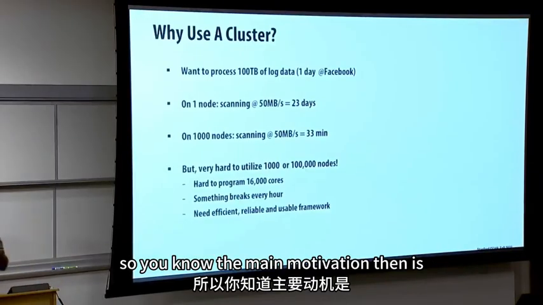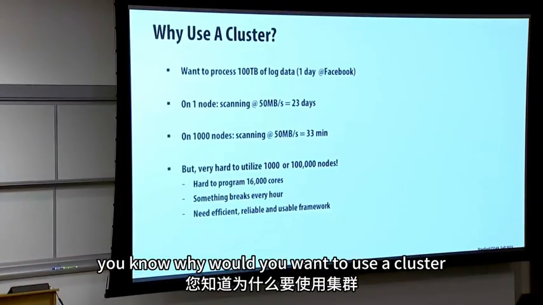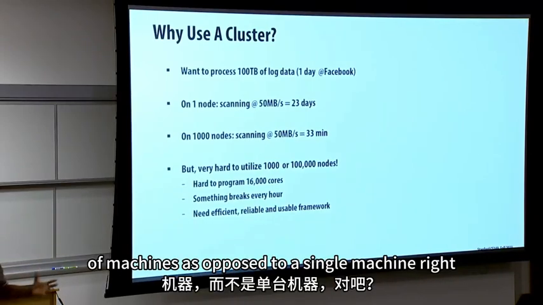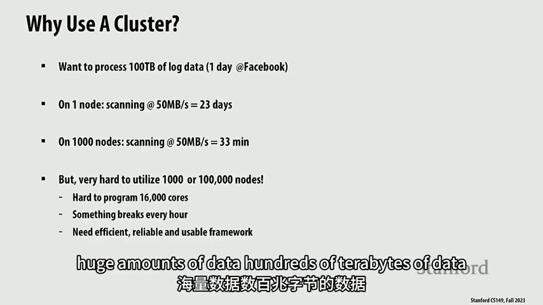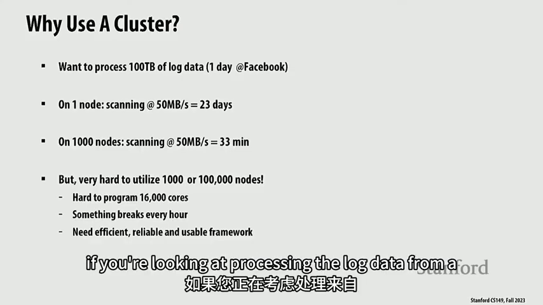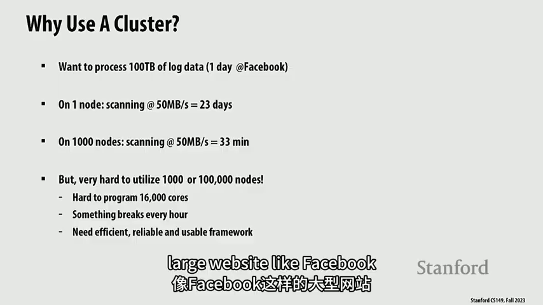So the main motivation is, why would you want to use a cluster of machines as opposed to a single machine? The key thing is if you want to process huge amounts of data, hundreds of terabytes, for instance the log data from a large website like Facebook.